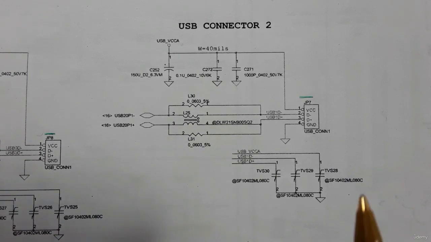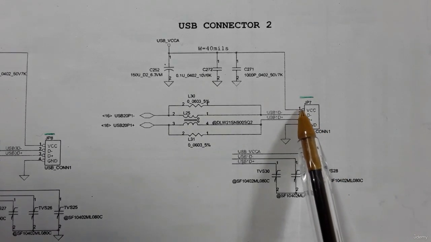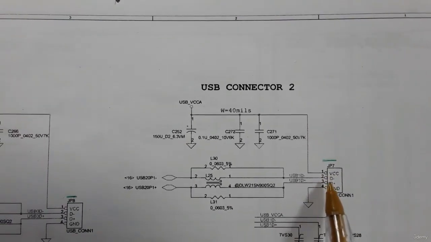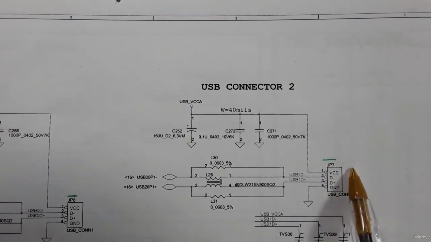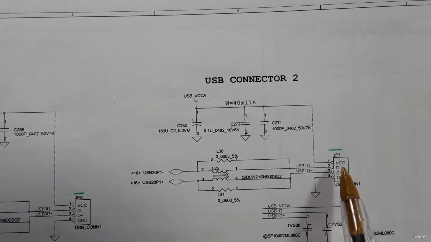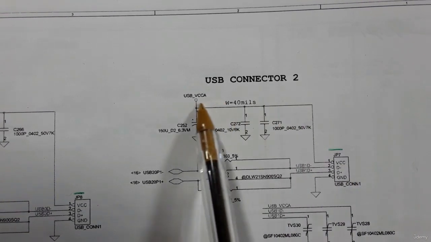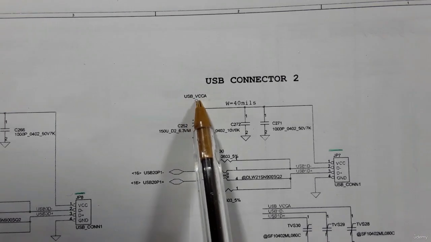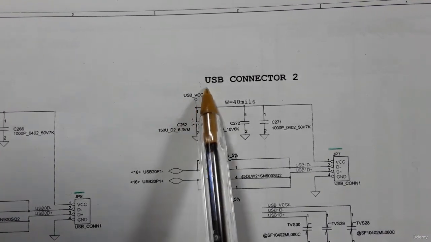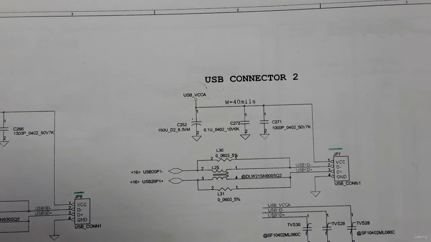So here pin 1 is VCC, as you can see. Here the connector should get the power, the working voltage. We have here USB VCC, and this USB VCC is always equal to 5 volts.